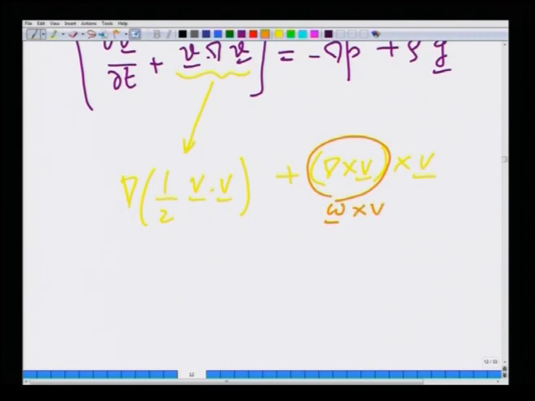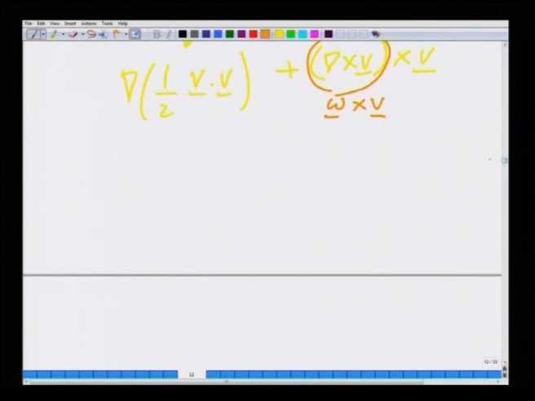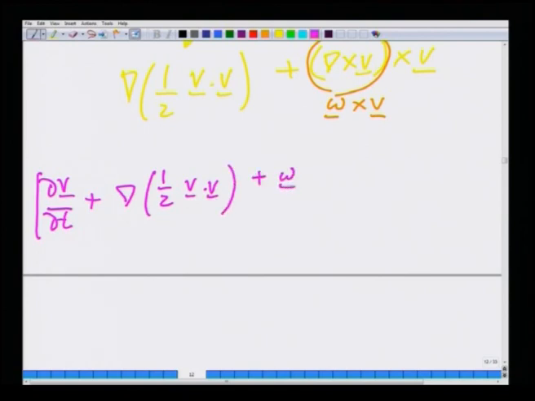So, this became omega cross V. So, once you substitute this entire thing back in the Euler equation, and if you dot the entire equation with an elemental displacement dr, we obtained plus 1 over rho del p minus g dot dr is 0.